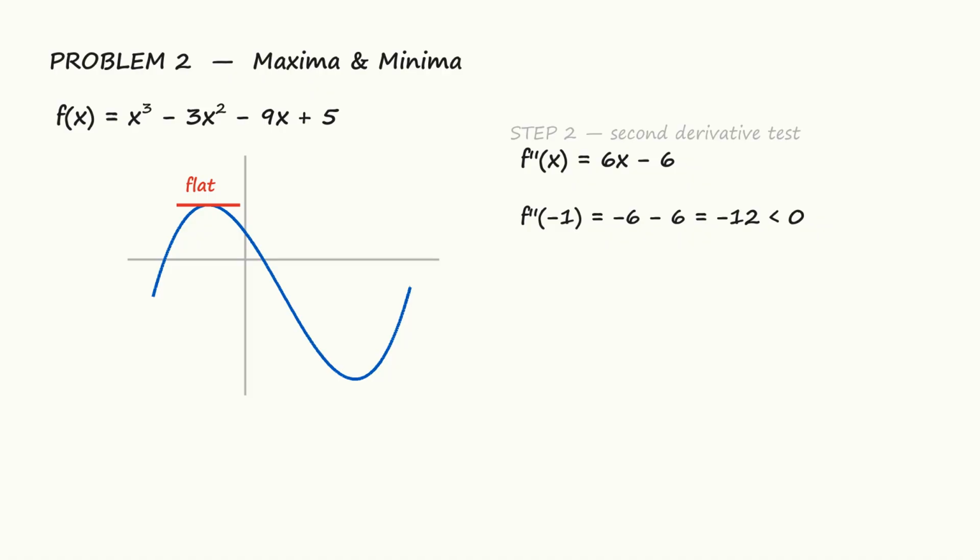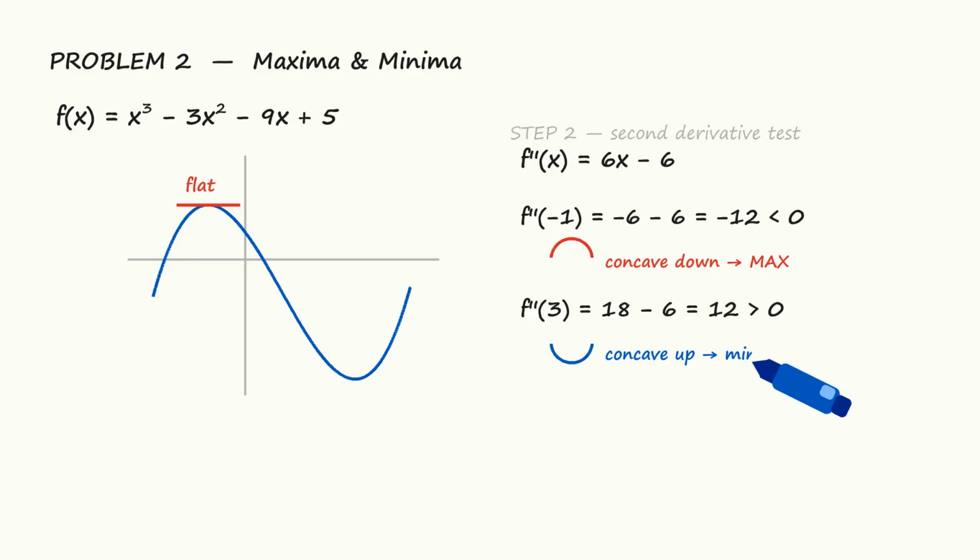At x equals minus 1, minus 6 gives minus 12. Negative. Negative second derivative means the curve is concave down. It is holding water upside down. That is a peak. And at x equals 3, 12. Positive. Concave up. That one is a minimum.